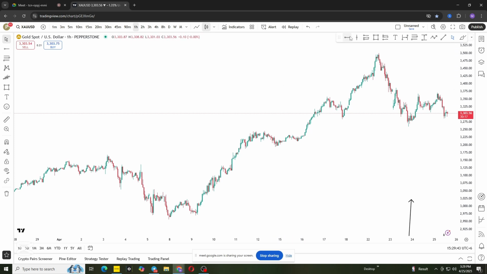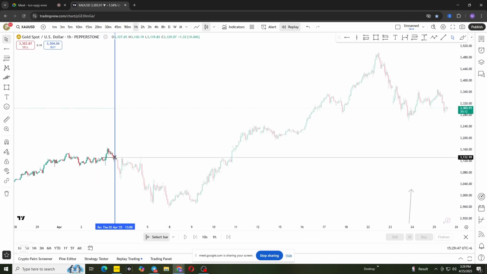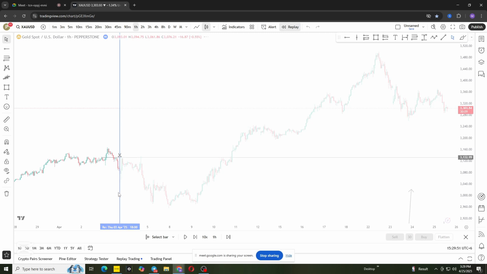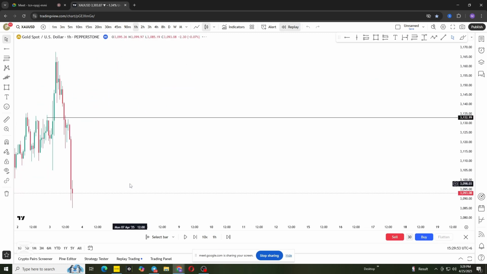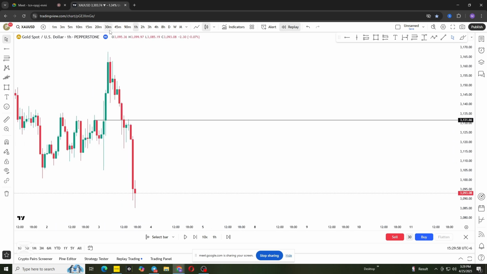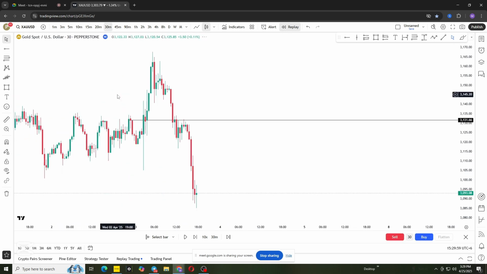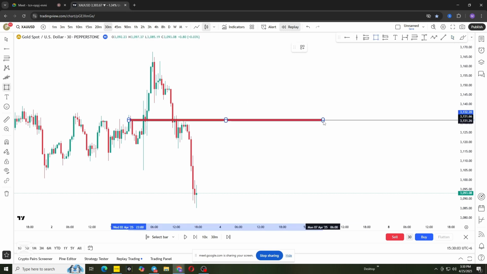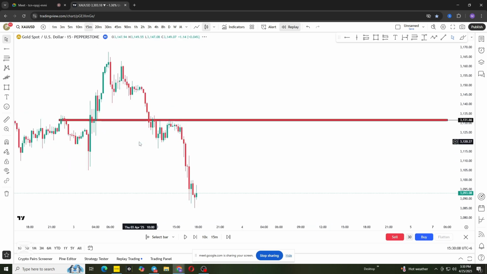Okay, so now look at this one. We have a QM here, isn't it? So the question is, when you have that QM, if we look here in the 30-minute, the same particular area remains as your QM area, isn't it? In the 30-minute. If you go to the 15-minute, the same area is still respecting as a QM.